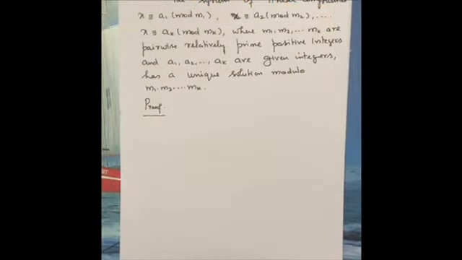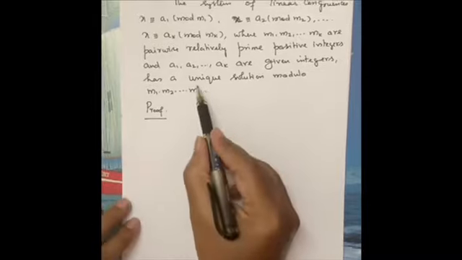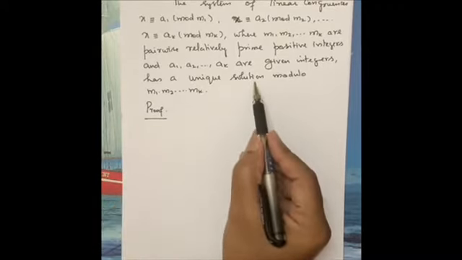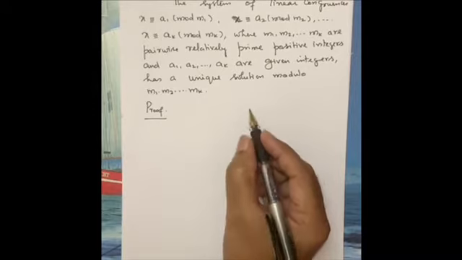How are we going to prove it? We use two steps for proving this theorem. First step is existence, so a solution exists. Second step, we have to prove uniqueness, because the statement contains the word unique, so we have to prove uniqueness.